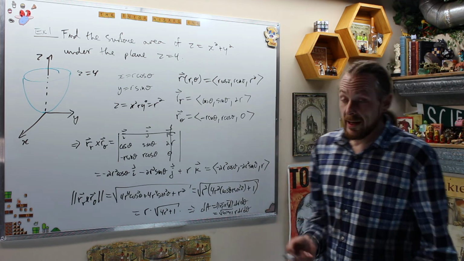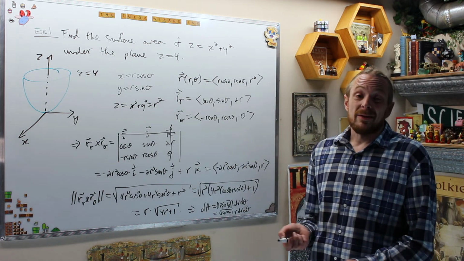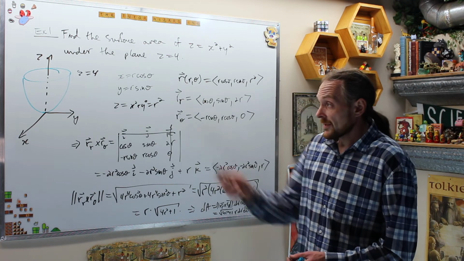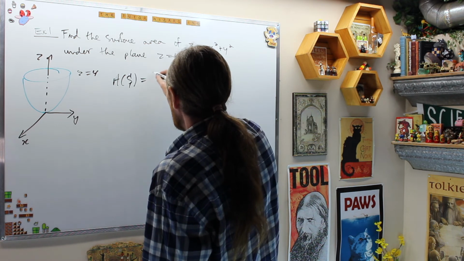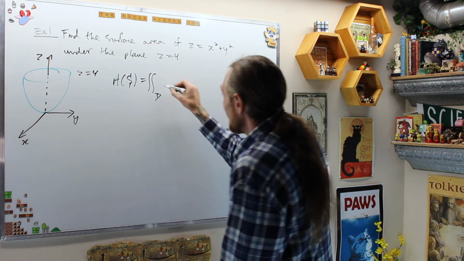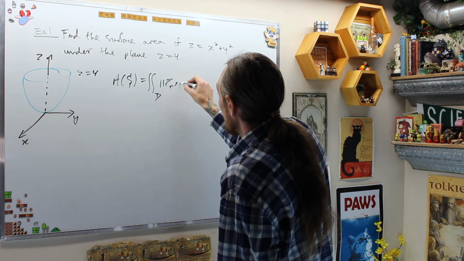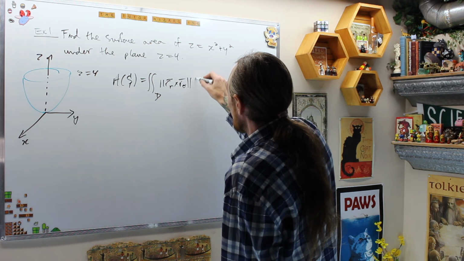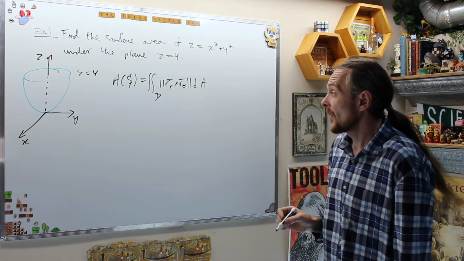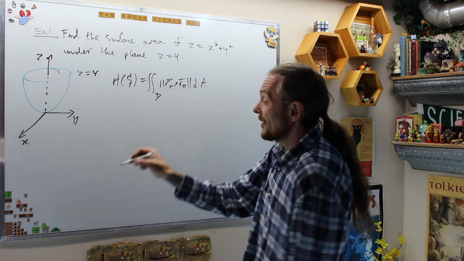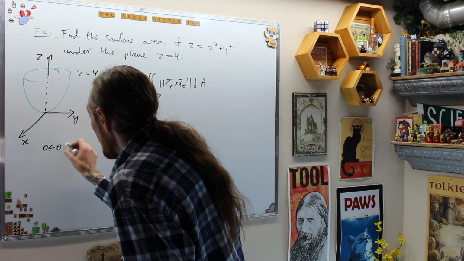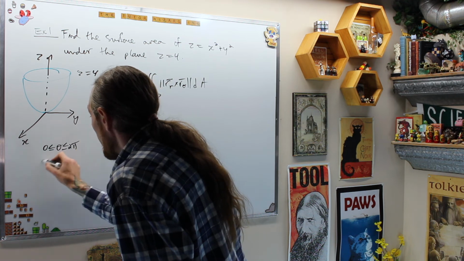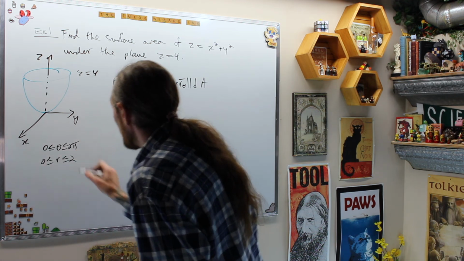Now let's move that up and put it into the surface area formula and compute the surface area of that paraboloid. That says that the area of the surface is equal to the double integral over the region D of the norm of r_r cross r_theta dA, and we noticed that 0 is less than or equal to theta is less than or equal to 2 pi, and 0 is less than or equal to r is less than or equal to 2.